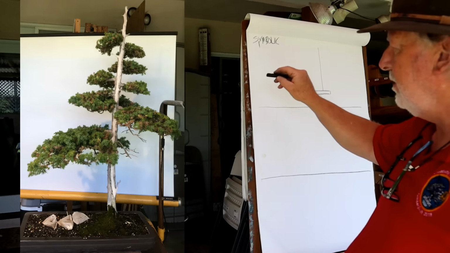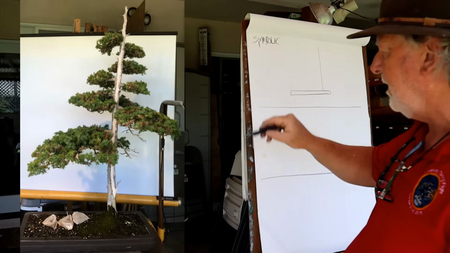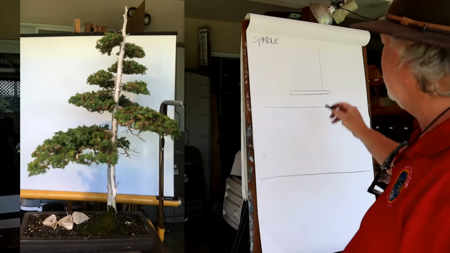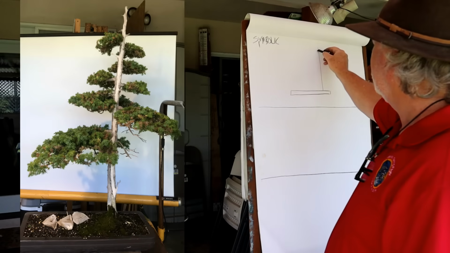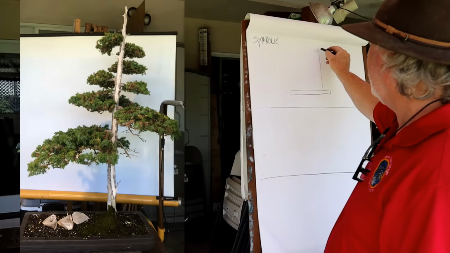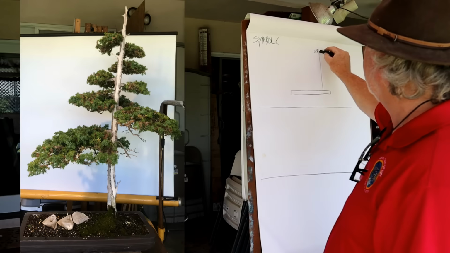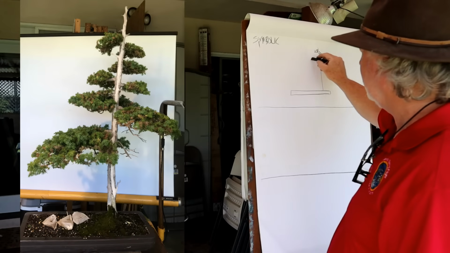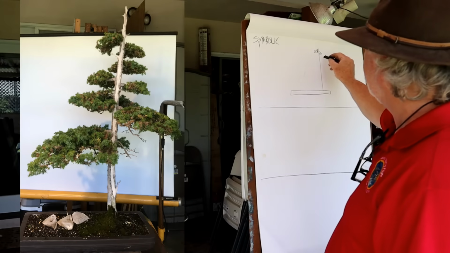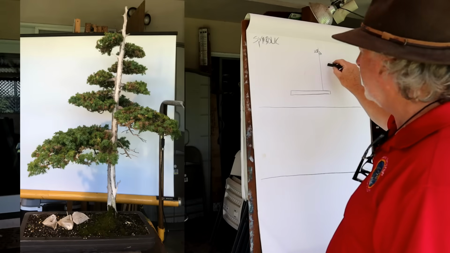And then I have 1, 2, 3, 4, 5, 6, 7, 8 different pads on that tree. So I'll have a pad here, one pad, and I'll just make a triangle. One pad, 2 pads, and I see that it kind of goes like that in general. And then a little shorter on this side.